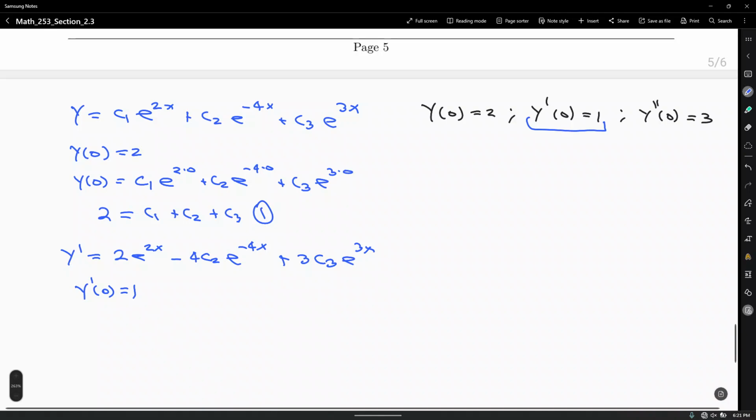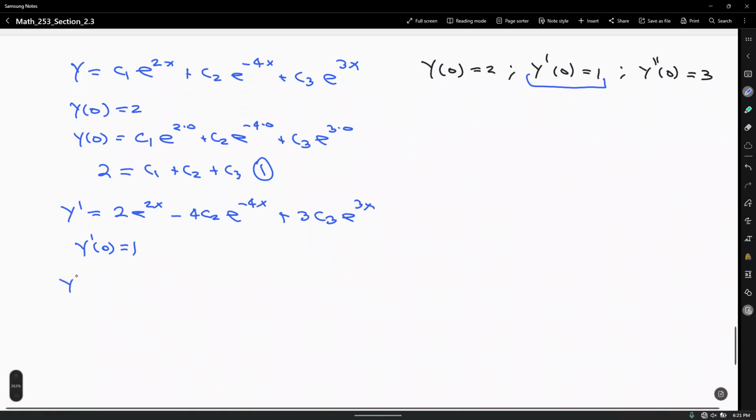Okay, y prime of 0 equals, what is this? 2 e to the 2 times 0 minus 4. Wait, I forgot the c1 here, right? 2c1 minus 4c2 e to the negative 4 times 0 plus 3c3 e to the 3 times 0.